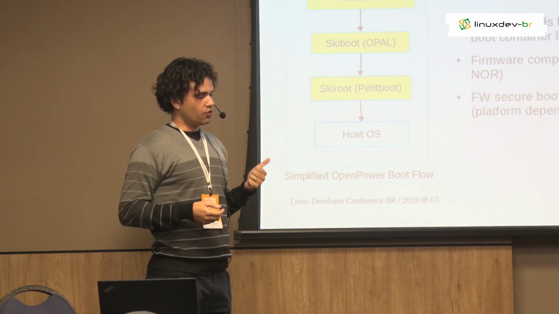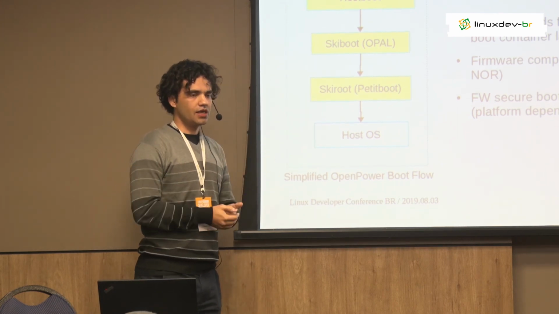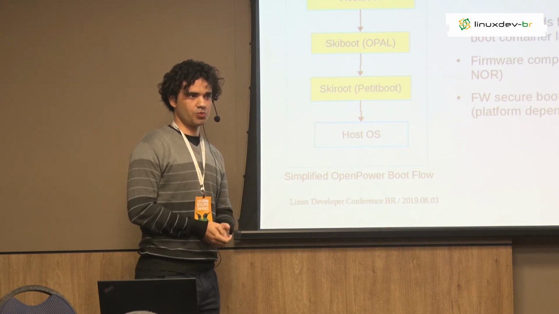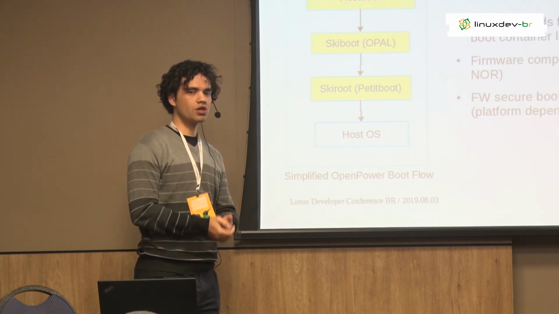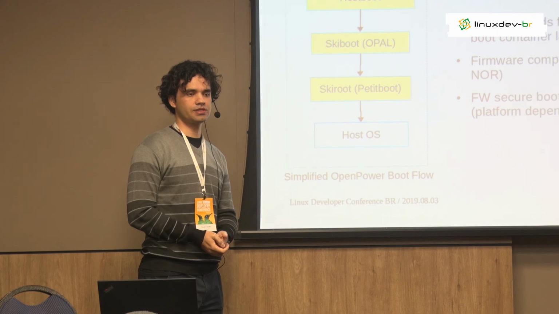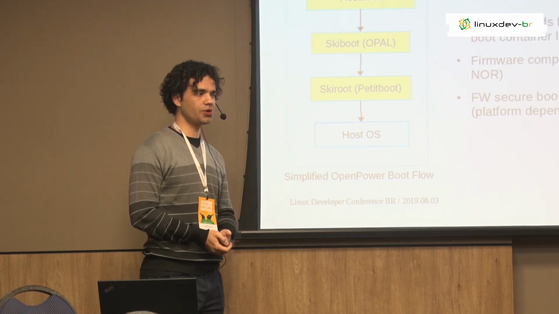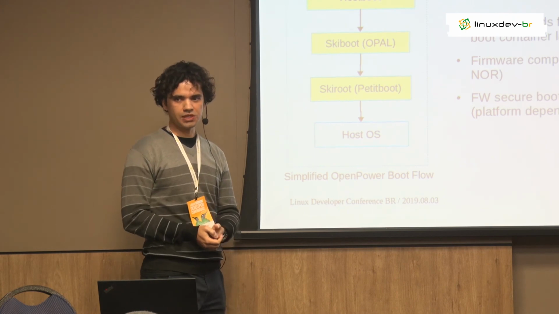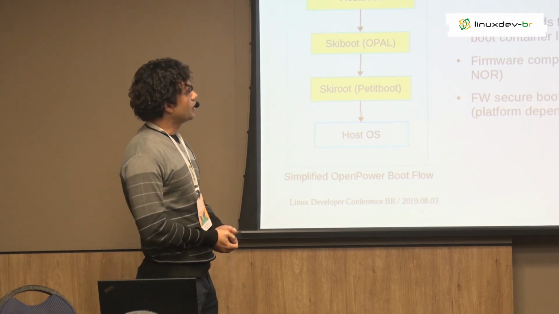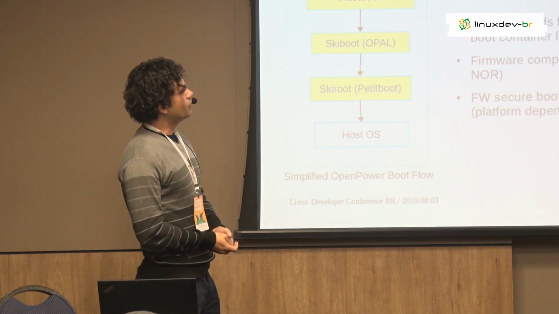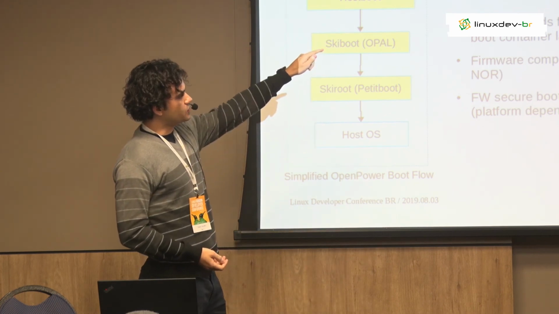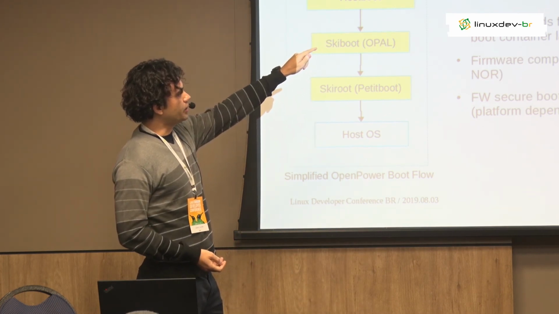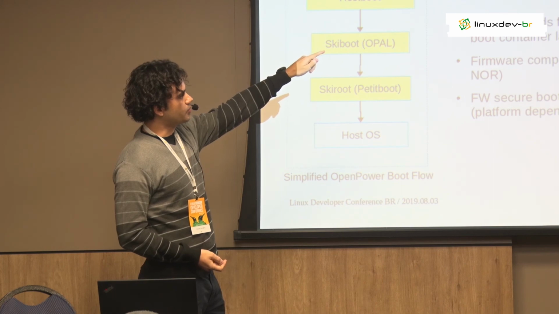First we need to set the keys that the platform will trust, and only code signed by those keys will be accepted and executed on the platform. And that's why we store these keys in a secure, protected memory.